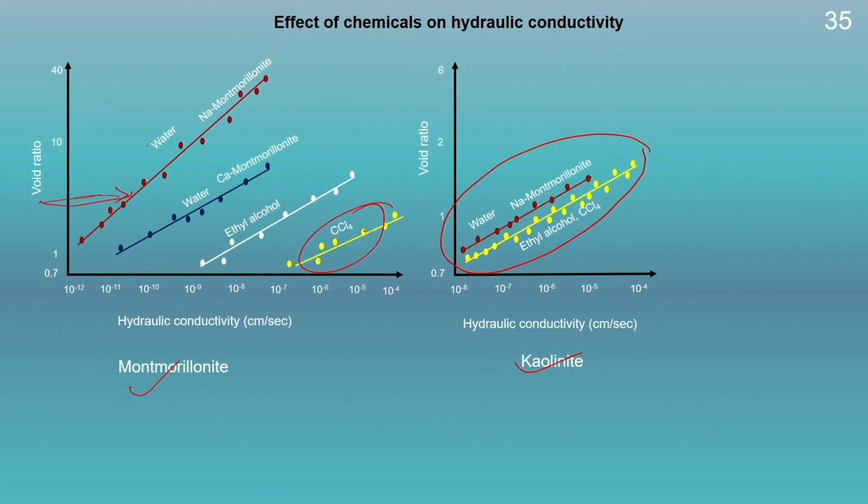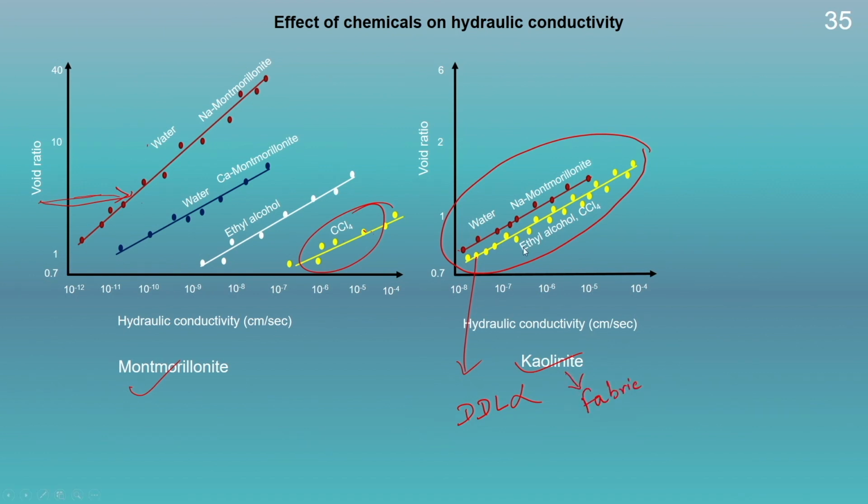However, in this case, the change in the hydraulic conductivity is not that significant. This is because the hydraulic conductivity in this case is not controlled by the diffuse double layer thickness. In the kaolinite mineral, the hydraulic conductivity is controlled by its fabric.